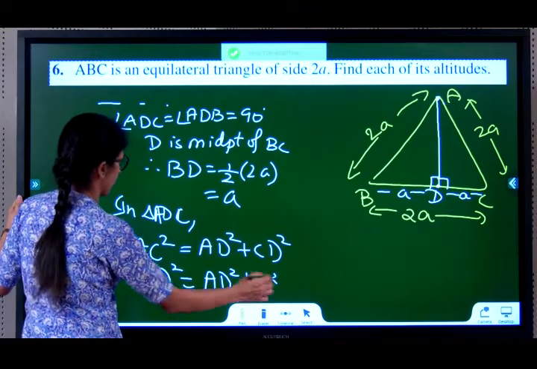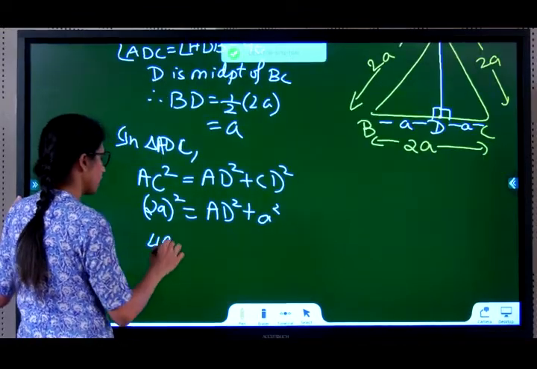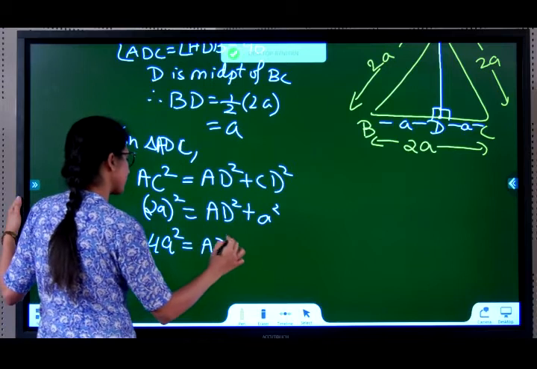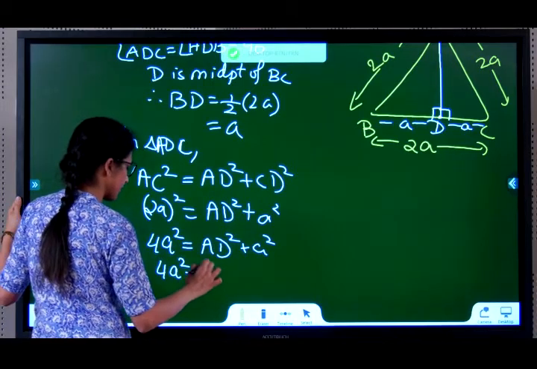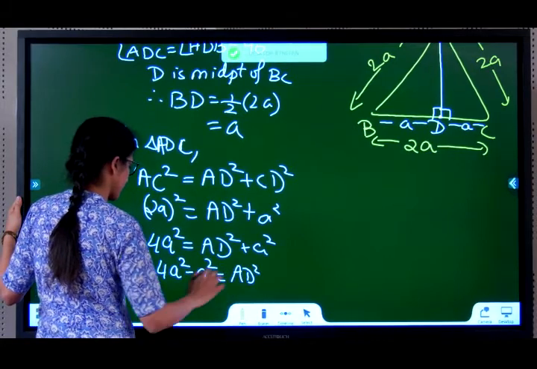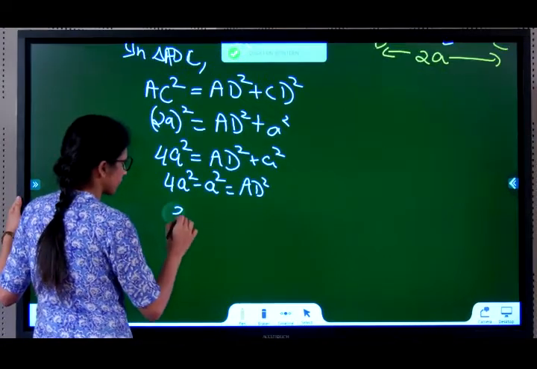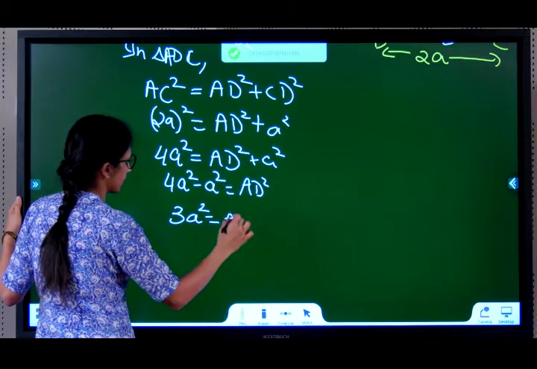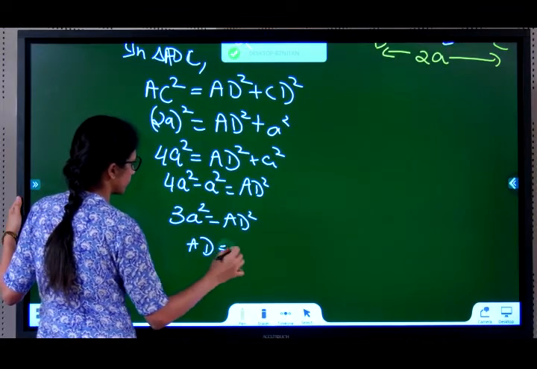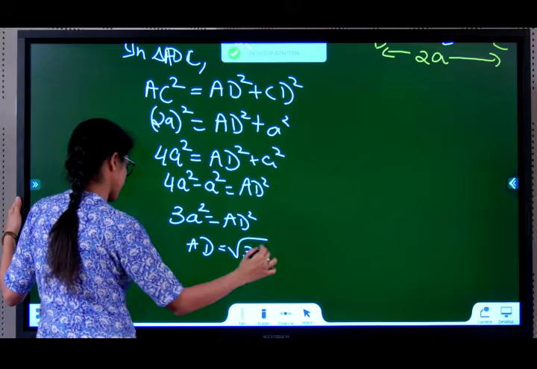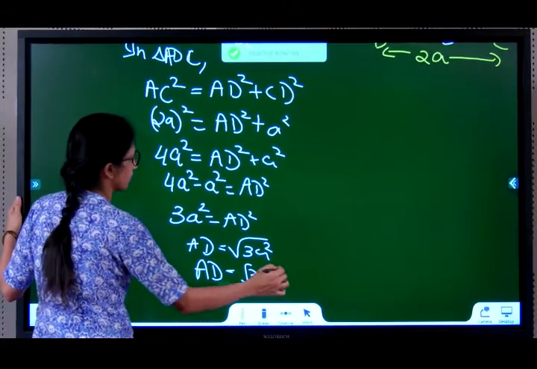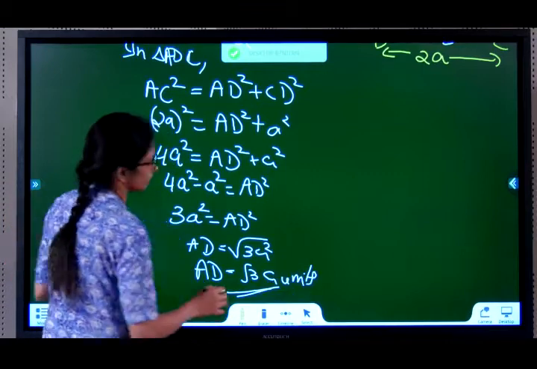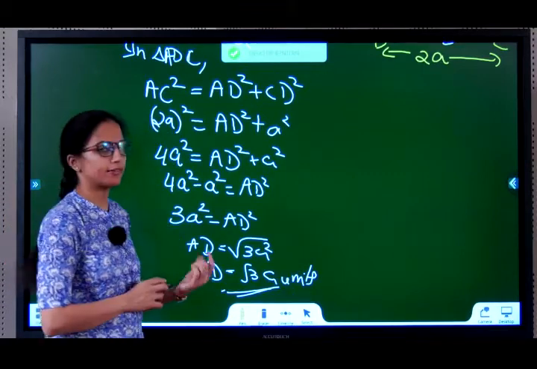CD is nothing but A. 4A square is equal to AD square plus A square. A square comes this side, 4A square minus A square is equal to AD square. 3A square is equal to AD square. AD is equal to root of 3A square. AD is equal to root 3 A units. That's the length of the altitudes.